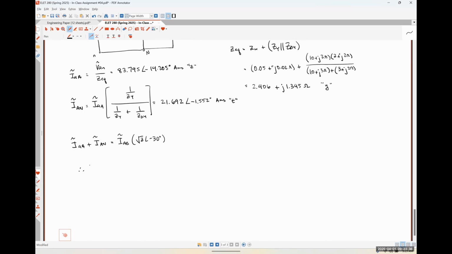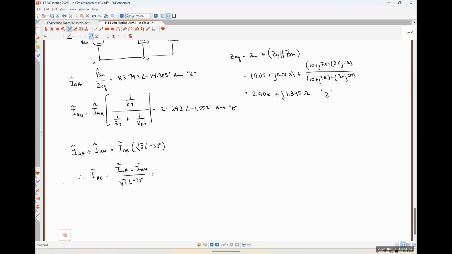And from here, I can say that IAB is just IAA plus IAN over √3 angle -30 degrees. And IAA is in my calculator as Z, IAN is in my calculator as T.